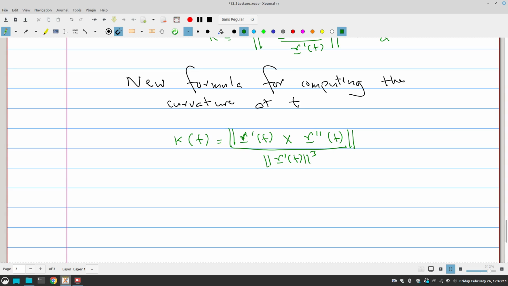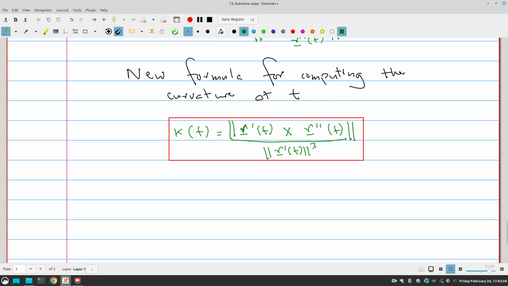Right? Now, how do we prove this? Let's prove this. This is a formula we're going to use to compute the curvature. Right? So let's see how we can do this.